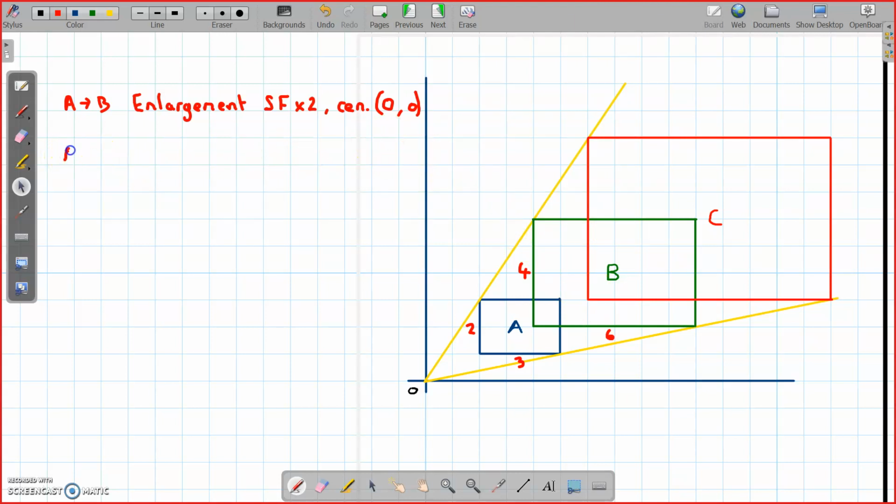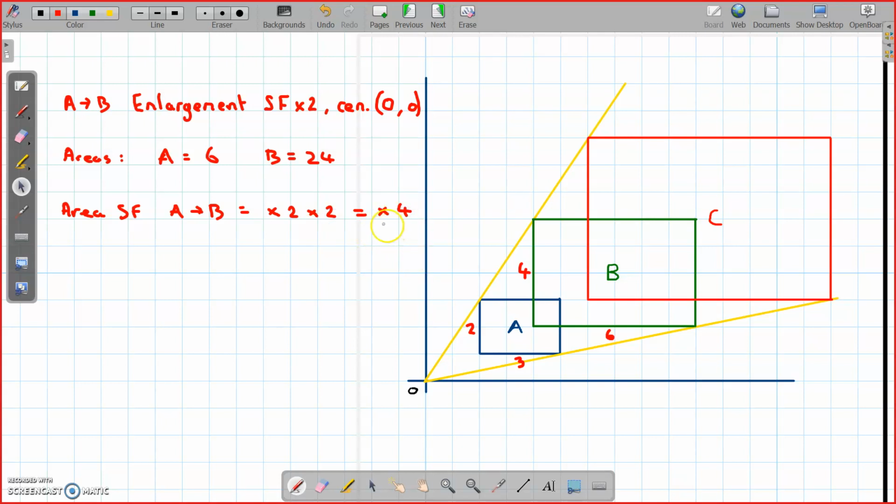So area, or areas, right? A is 6 and B is 24. And hopefully you can see that the area of B is 4 times the area of A. So the area scale factor of A to B is times 2 times 2, which is times 4.